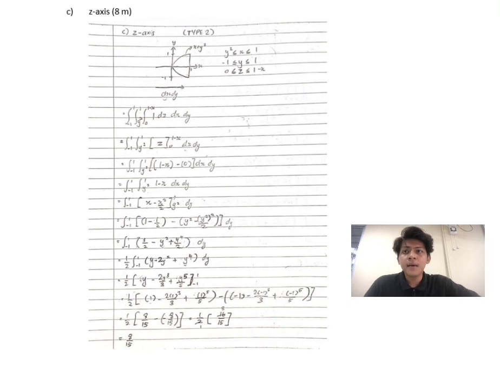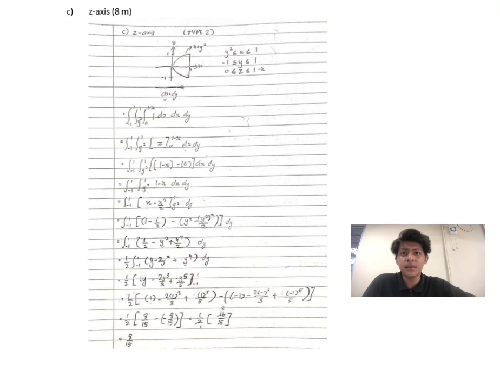Now we arrange the integral, which is dz, dx, and dy. Because we want to find the z-axis, we put dz first. We integrate z and substitute the value, and we got 1 minus x, dx dy.